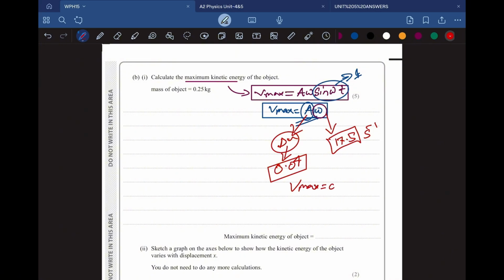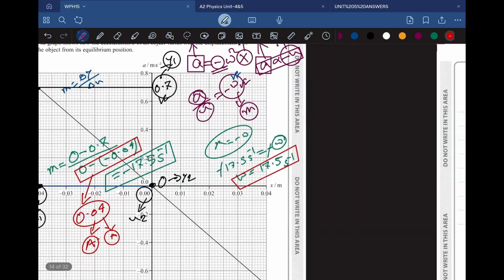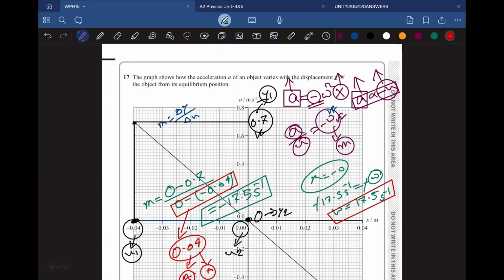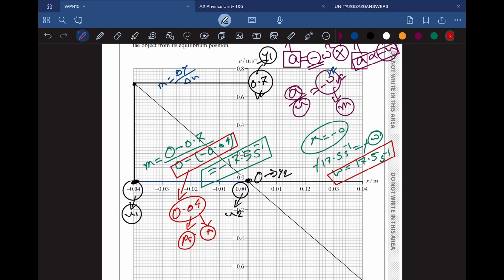The Vmax is equal to 0.04 into 17.5, which will give us a value of... sorry, my bad. There was a simple mistake. This wasn't only minus omega, it was minus omega squared. So omega squared is equal to 17.5. So omega will be equal to root over 17.5 s minus 1, so it will be equal to 4.18.